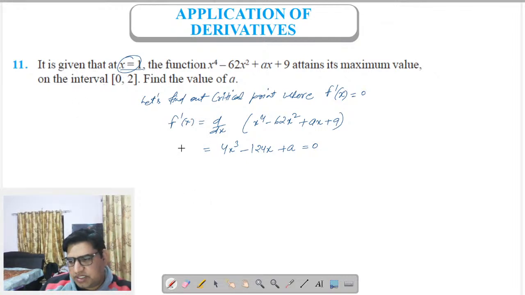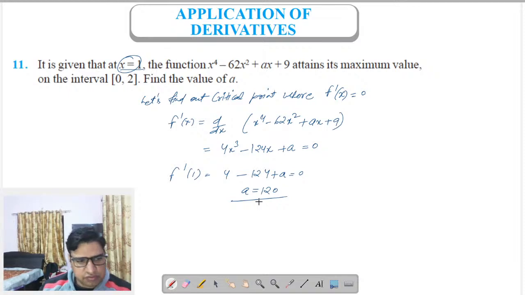So this must be a critical point. So f'(1) is equal to 4 minus 124 plus a is equal to 0, and from here we get a is equal to 120. Okay, so a must be equal to 120, and this is the right answer.